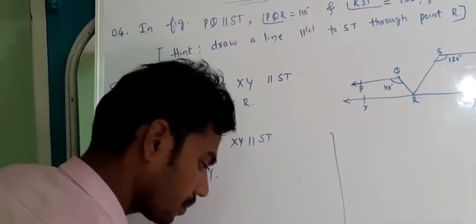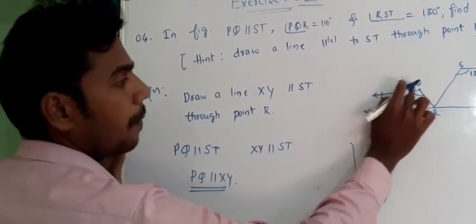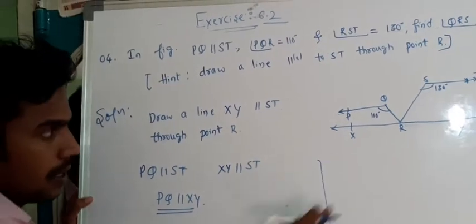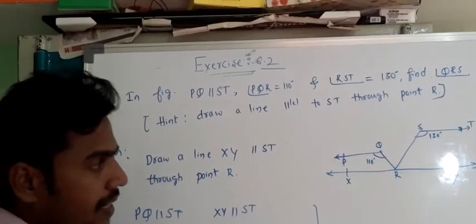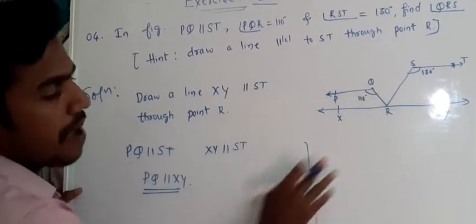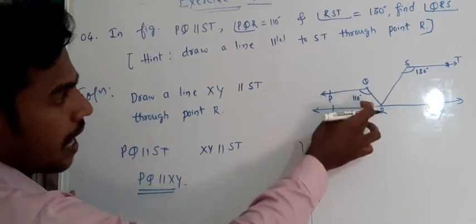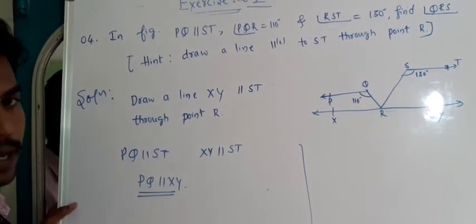Now, angle PQR plus angle XRQ is equal to 180 degrees, because QR will act as a transversal line. PQ is parallel to XY, so these two angles will be the interior angles on the same side of a transversal. So they will be supplementary.